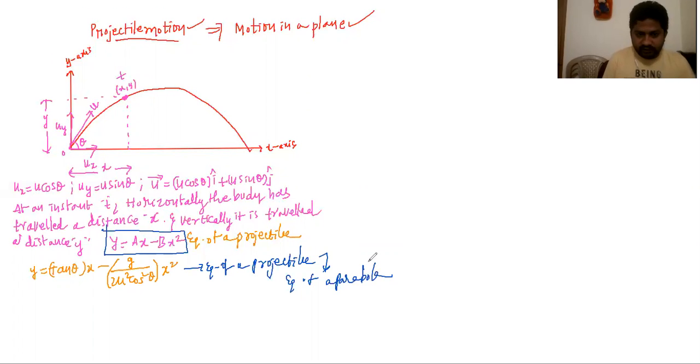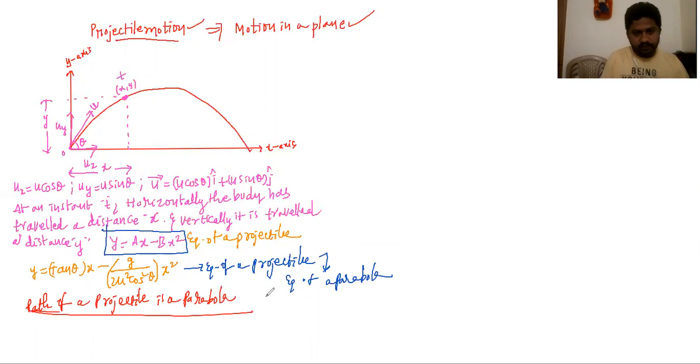So what was the final conclusion we have made here? The path of a projectile is a parabola. A very important long answer type question for your first PUC theory exam. This is not the derivation; the derivation we have done in the last class.